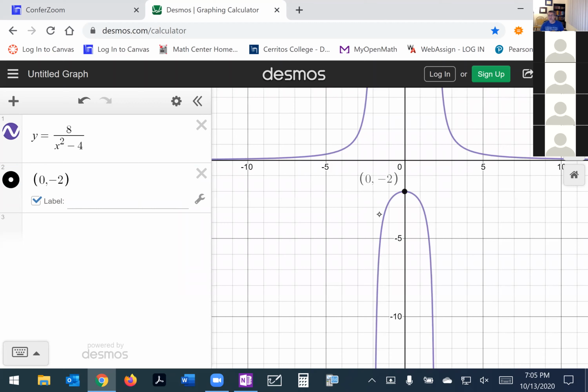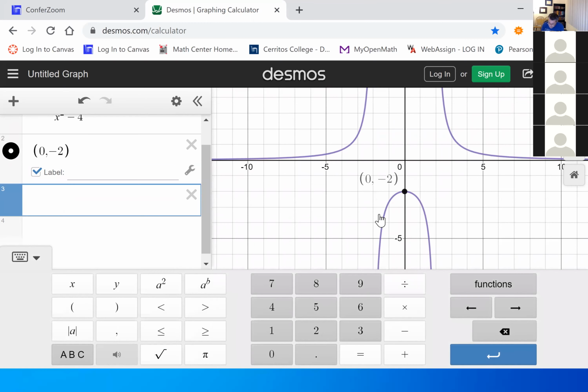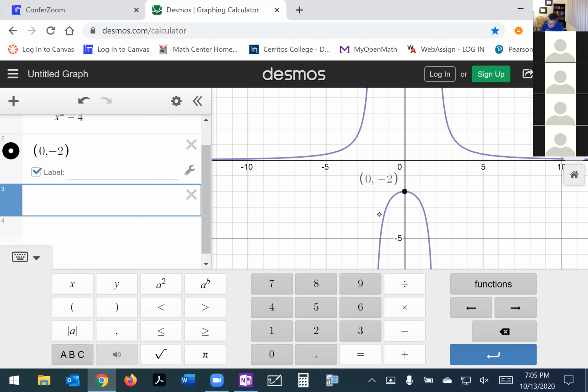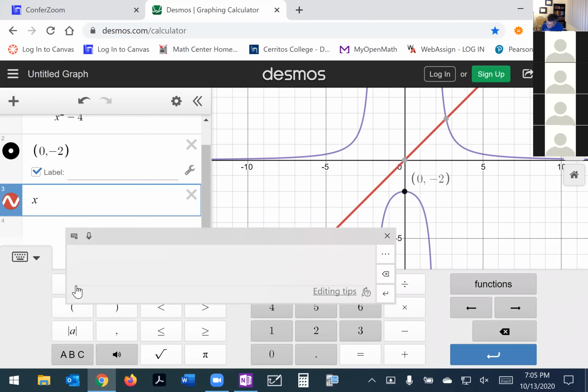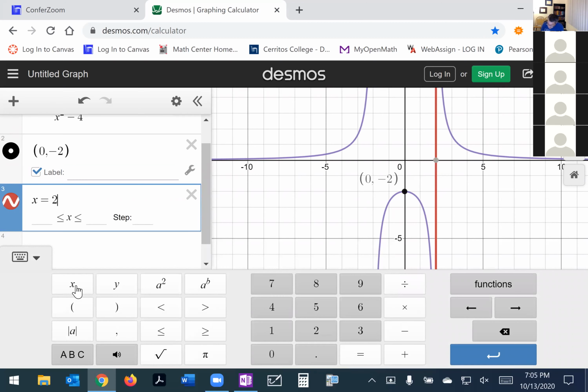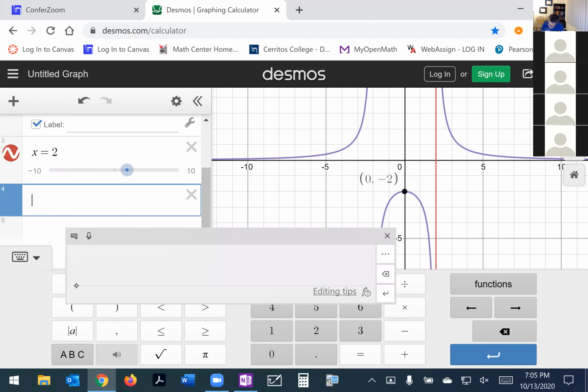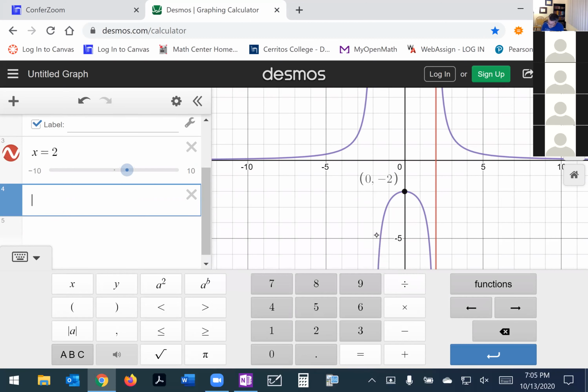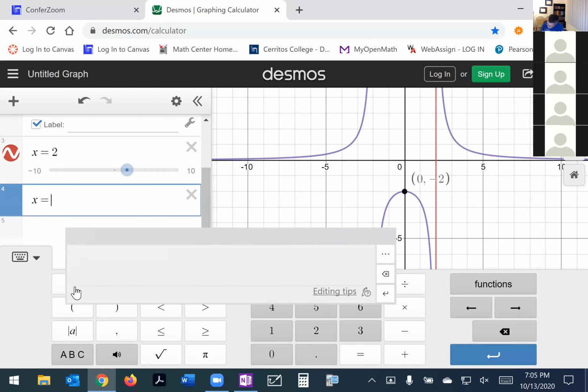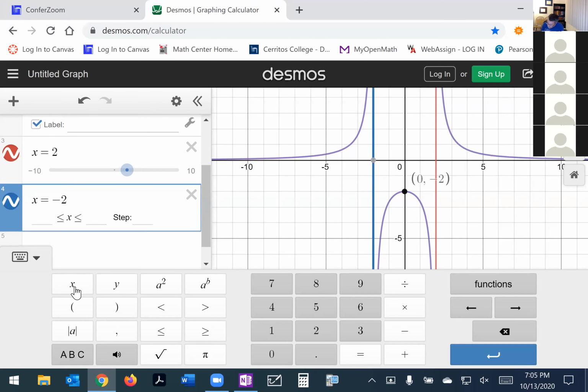No other relative mins or maxes except for that one. What about my vertical asymptotes? That would have been x equals 2 and x equals negative 2.